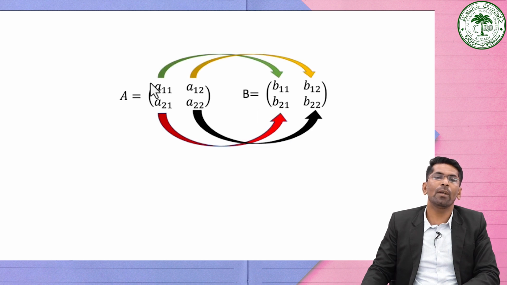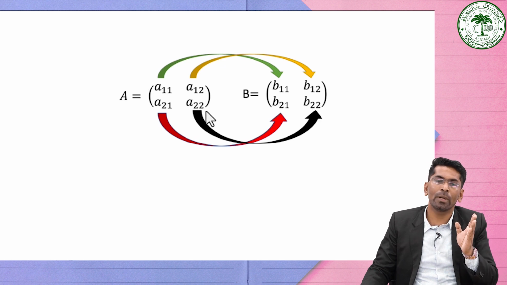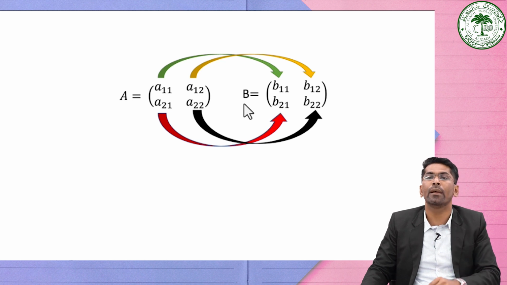Then what are we generally doing? We are going to add A11 with B11, A12 with B12, then A21 with B21, A22 with B22. So here is matrix addition where the matrices are the same order, because we have a 2 by 2 order, and when we are adding two matrices, each corresponding element in the matrix is added together to form a new matrix.